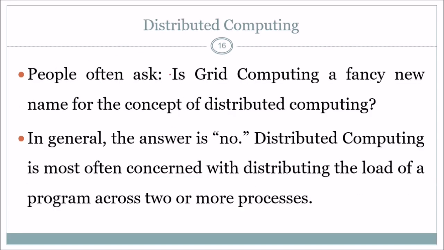Distributed computing. I was indicating just a few minutes earlier that grid computing is often confused or synonymized with distributed computing. But the answer is no. Distributed computing is most often concerned with distributing the load of a program across two or more processes.